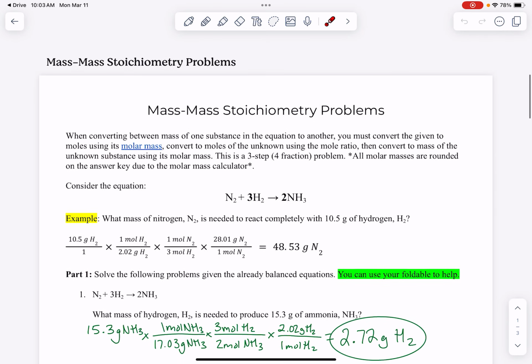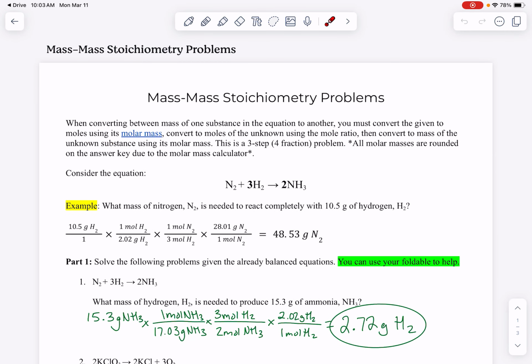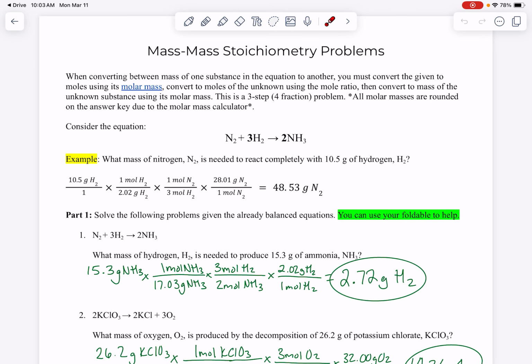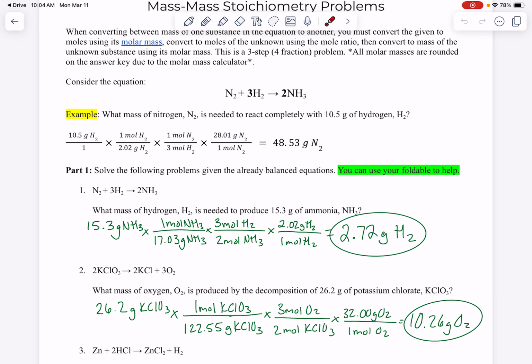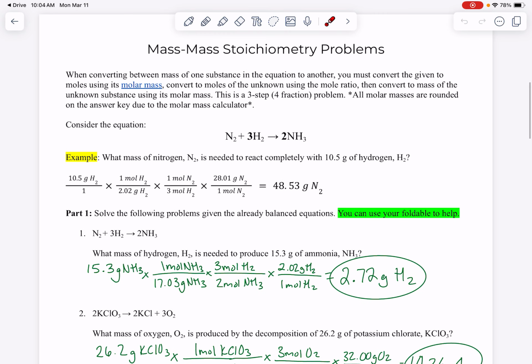Then we talked about mass to mass stoichiometry, which was the first time we used the foldable in its full effect. So you have really 4 fractions there, so 3 steps. When you're going from mass to mass, you need to convert to moles of the first substance, then convert to moles of the unknown substance, and then finally the mass of the unknown substance.